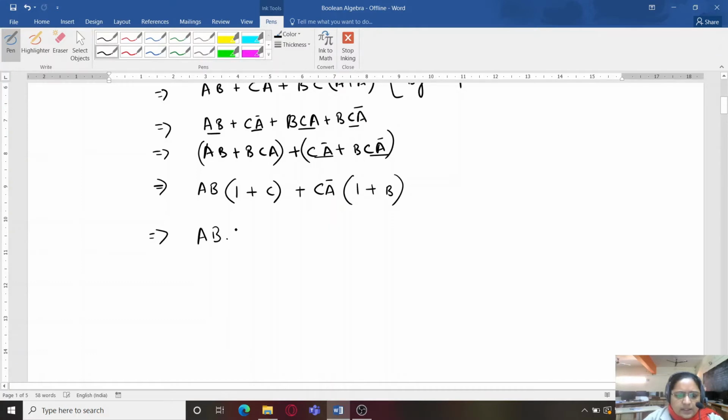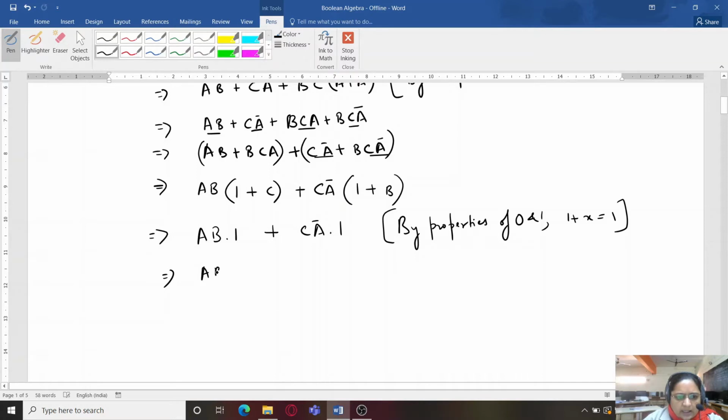Now this 1 + C can be written as 1, and 1 + B can be written as 1 by the properties of zeros and ones, that is 1 + x = 1. And I can write AB dot 1 as AB and CA' dot 1 as CA'. This is again by the properties of zeros and ones: x dot 1 = x.